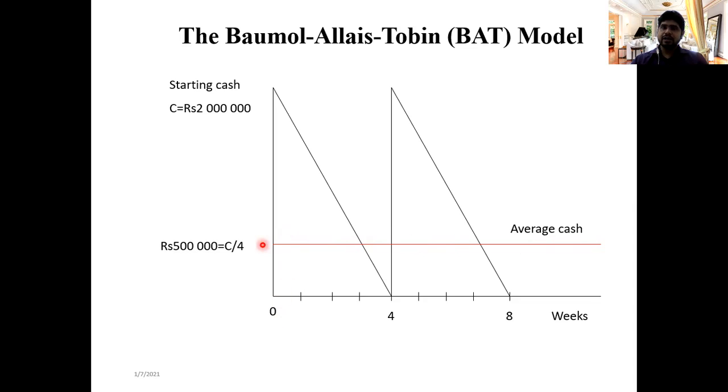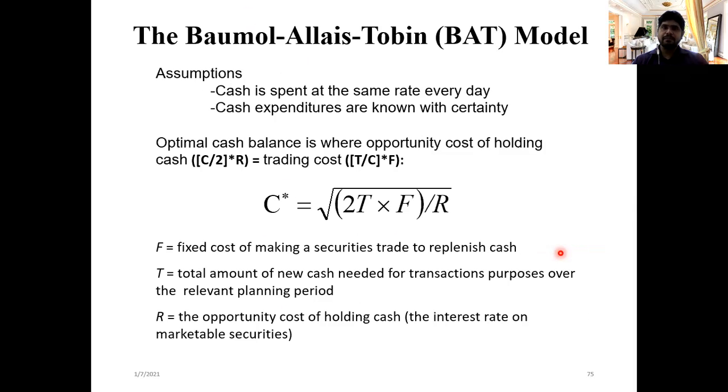So our target from the BAT model is to calculate the average cash, the optimum amount of cash, right? We have a formula, and it's very similar to the EOQ formula. The same principles apply here. And this model has two assumptions. When these assumptions are violated, we can't apply this model.